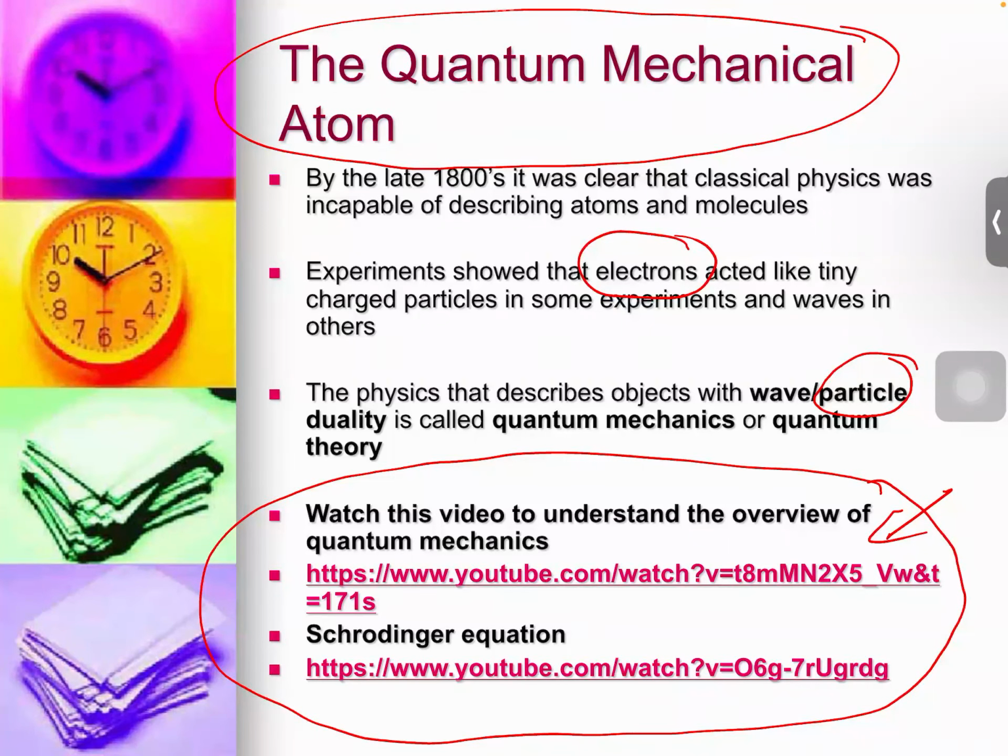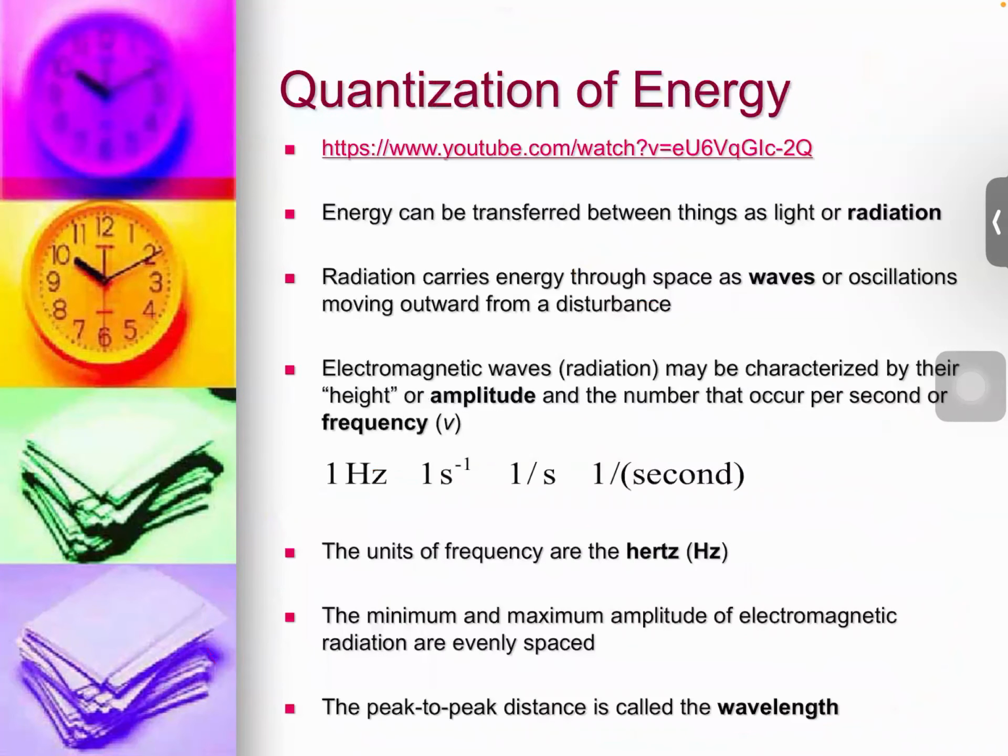You can weigh the mass, you can see the movement. So that is what a particle is all about. In the understanding before quantum theory came about, they understood that electrons behave like particles. So it's quite easy to understand when we talk about particles.